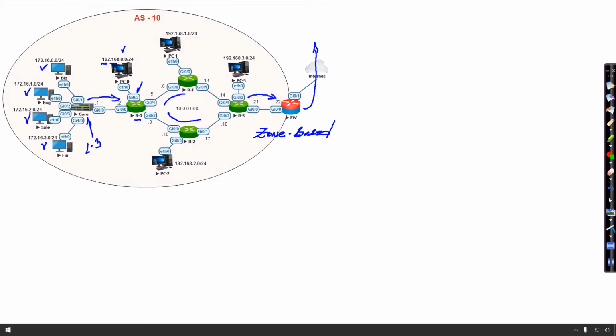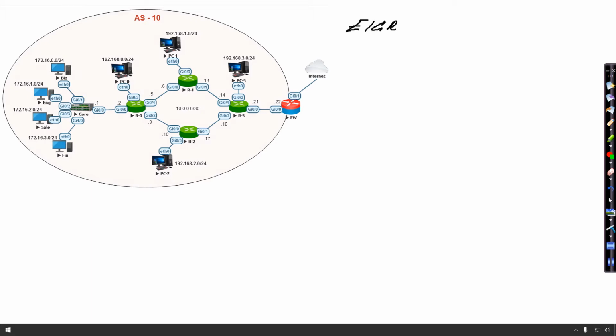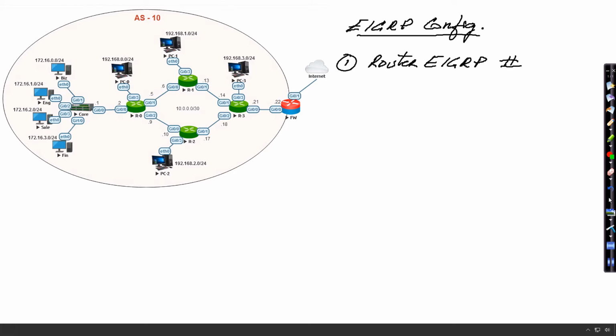Let's go over the steps of enabling EIGRP. There are 3 basic steps in enabling EIGRP. Once in global configuration, the first step is enabling EIGRP with the command router eigrp, followed by an autonomous system number.